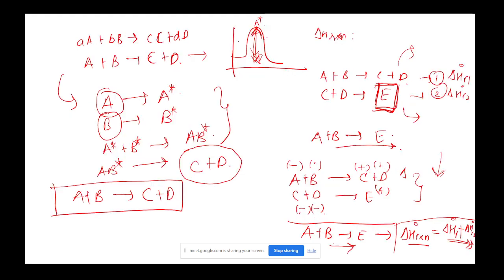For reaction 1 and reaction 2, since I have added both reactions, I will add the two heats of reaction. If I am subtracting, then it will be delta HR1 naught minus delta HR2 naught.